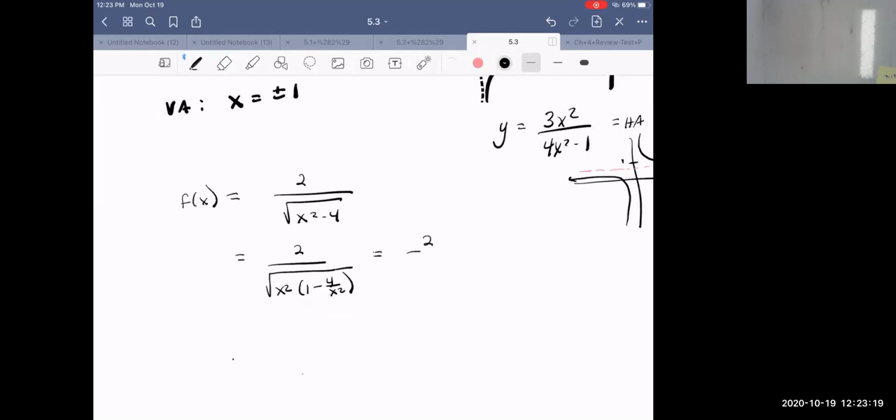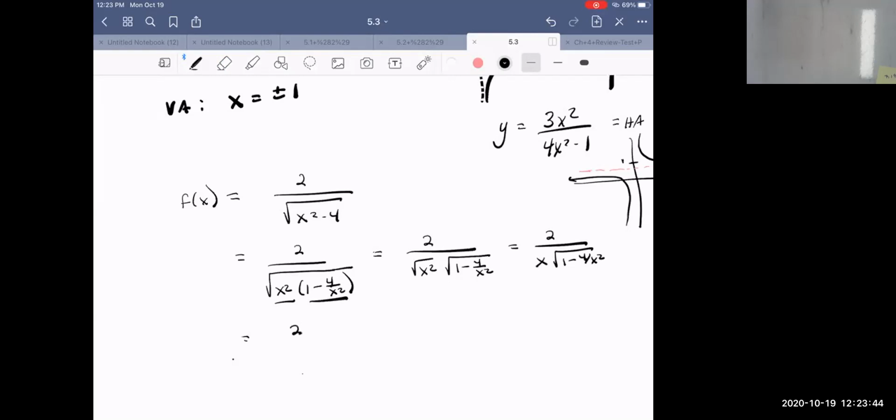Now, rules of radicals say that if we have the product of two factors under a radical, then we can write those things in their own radicals, right? So I'm going to write this as root x squared times root 1 minus 4 over x squared. We cool? Okay, so that's going to give me 2 over x times root 1 minus 4 over x squared. Now I can divide up and down by x.